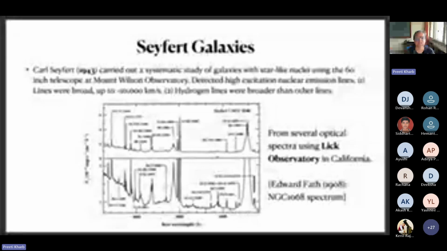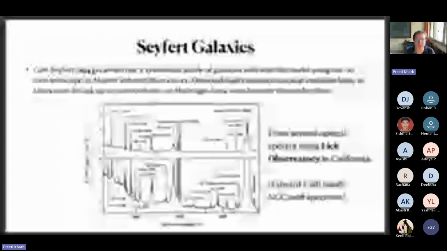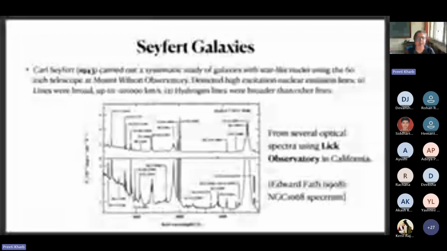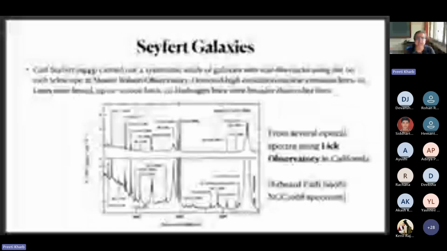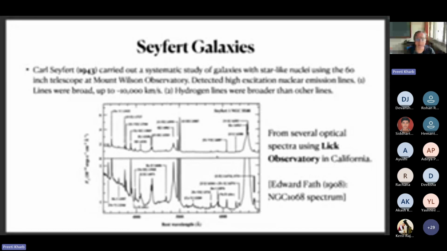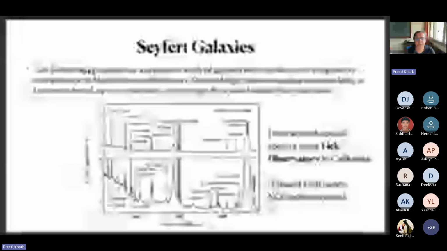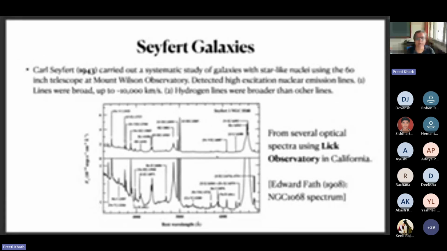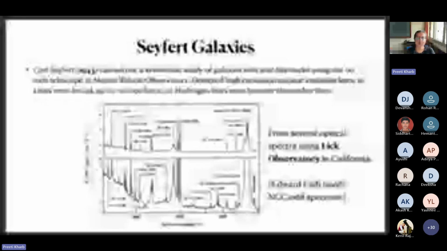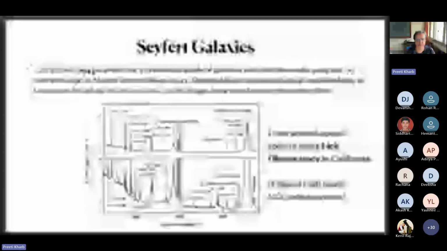That is why, as a class, the study of these kinds of galaxies started, and because of which these galaxies are now called Seyfert galaxies. Carl Seyfert basically carried out the first systematic study of galaxies which showed these emission lines. Another peculiarity of these galaxies was that they also seemed to harbor a central star-like nucleus.